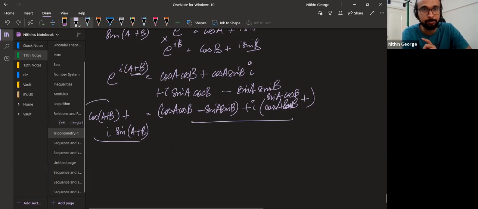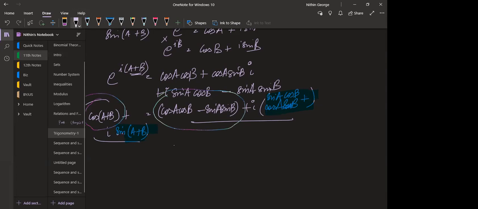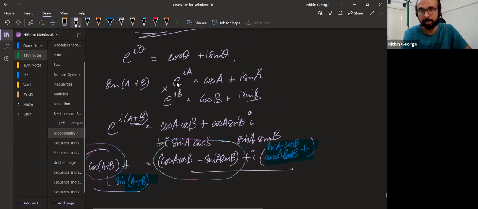You get cos(A plus B) equal to cos A cos B minus sin A sin B. At the same time, sin(A plus B) is equal to sin A cos B plus cos A sin B. Similarly, for sin(A minus B), I have e power iA and e power iB, and I just need to divide them to get e power i(A minus B), and everything else will fall into place. This is actually pretty nice. Got this?